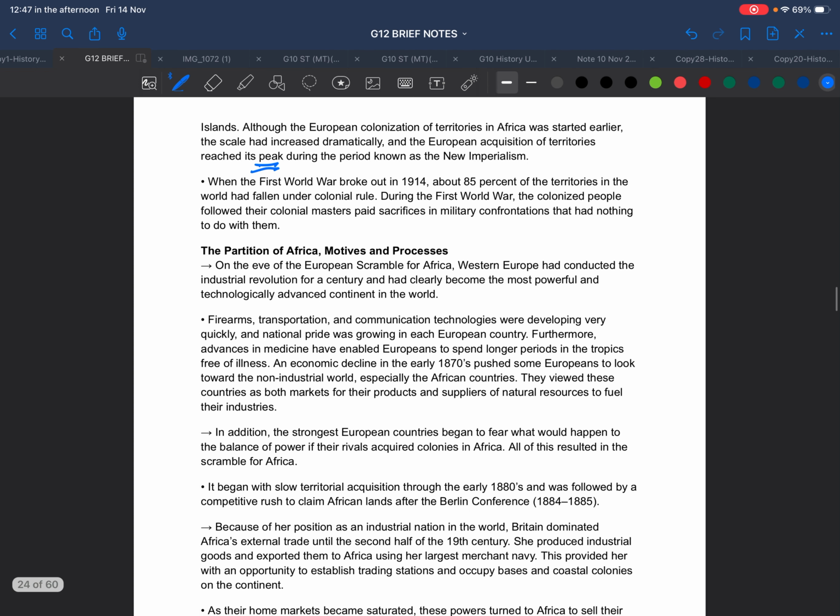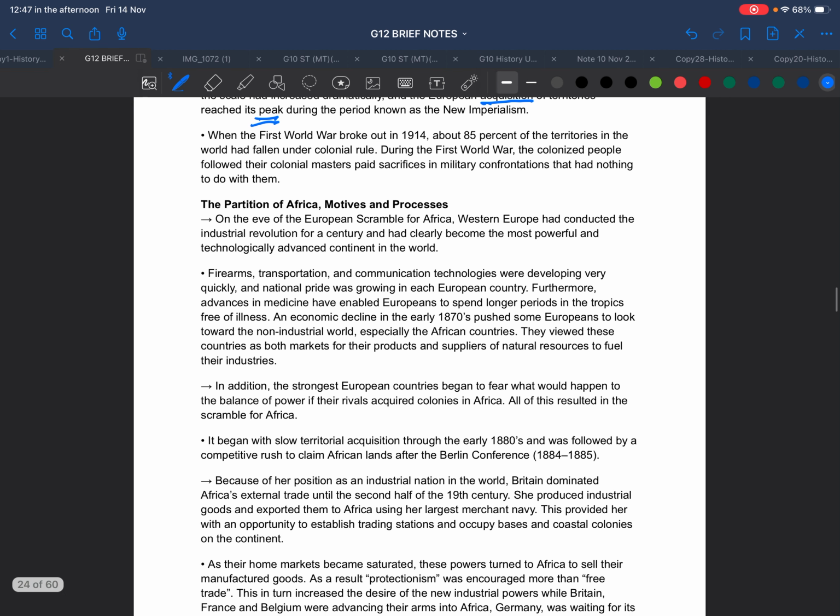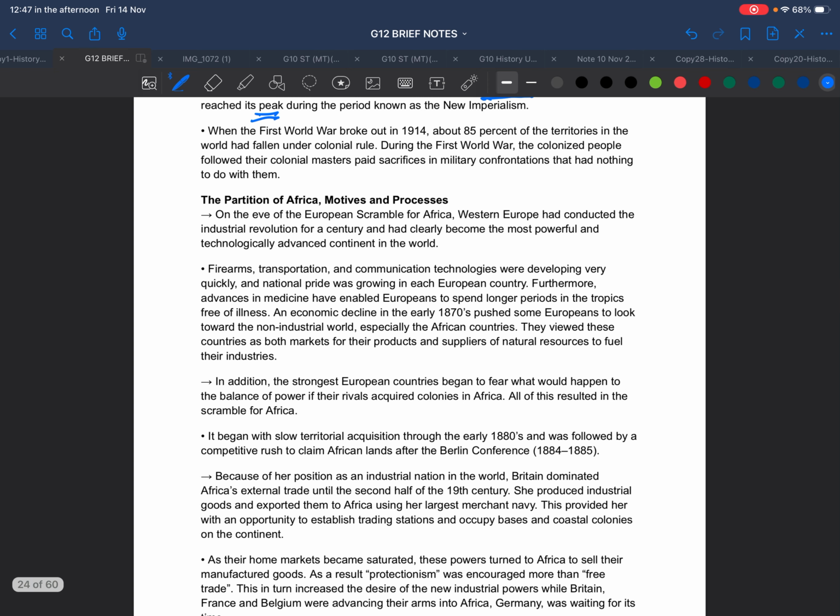When the First World War broke out in 1914, about 85% of the territories in the world had fallen under colonial rule. Amazing. 85%. Only the remaining 15% remained independent.